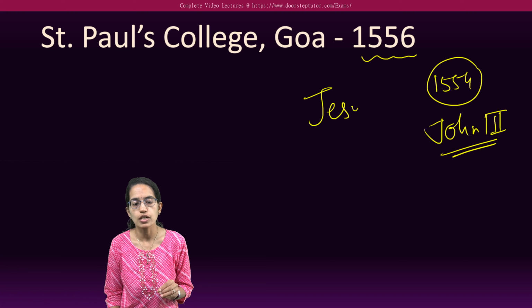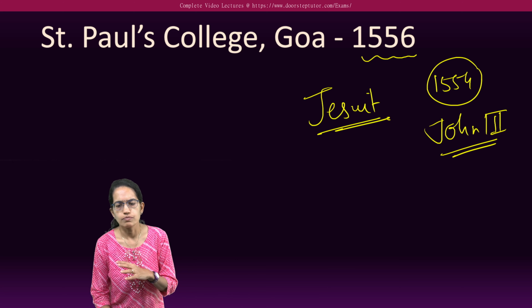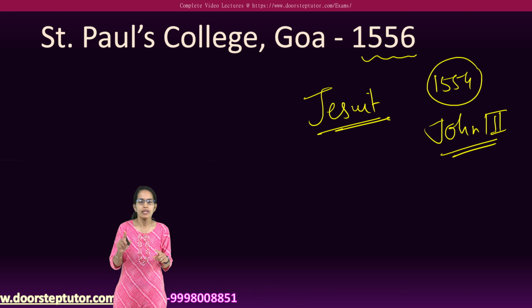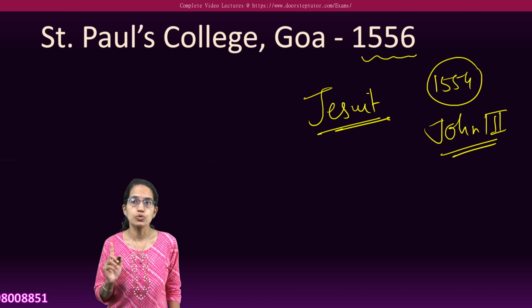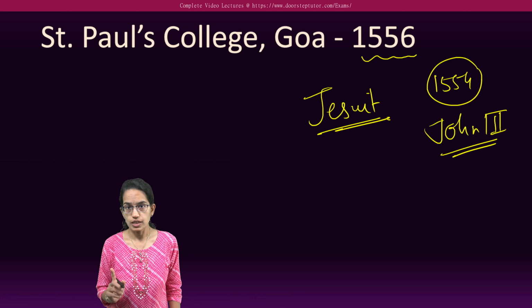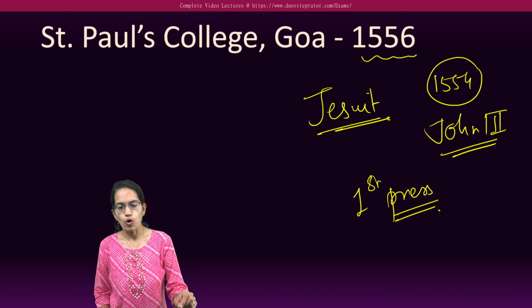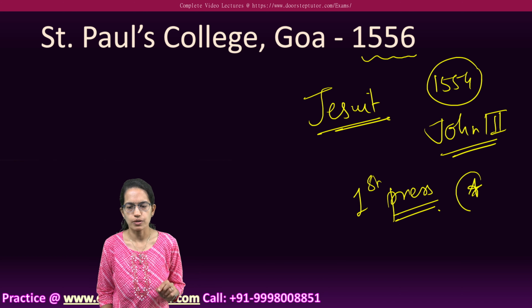Now this was a Jesuit school, and it later became a college in the area of Old Goa. It was one of the main Jesuit institutions in the whole of Asia. Also, it had the first printing press in India. So the first printing press in India was at St. Paul's College, Goa. Extremely important question.